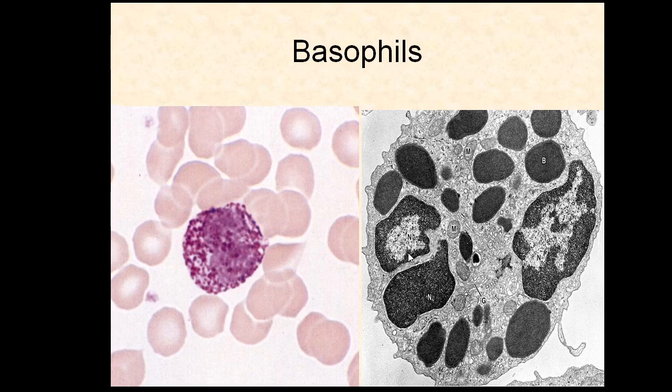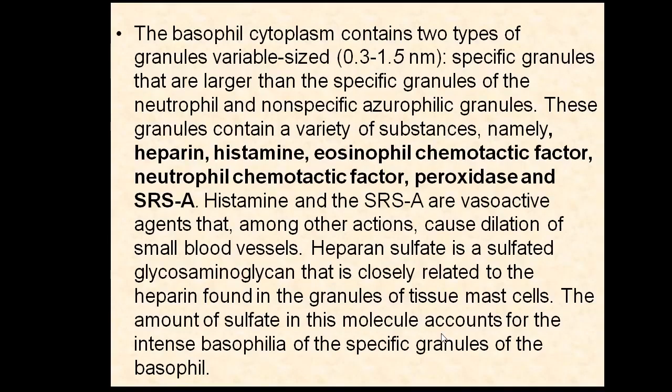Now you can see that in the section appear three segments, 1, 2, 3, and large electron-dense specific granules. The content of these granules is two antagonistic substances, heparin and histamine. Additionally, they can have eosinophilic chemotactic factor, neutrophilic chemotactic factor, peroxidase, and SRS-A.